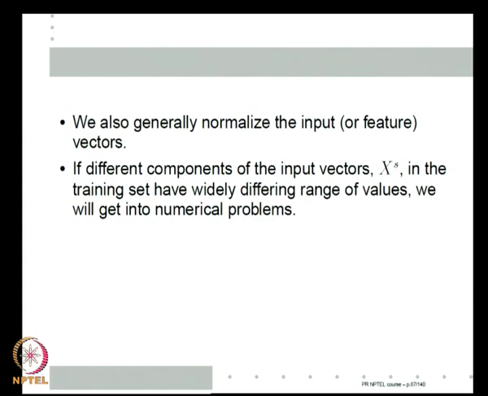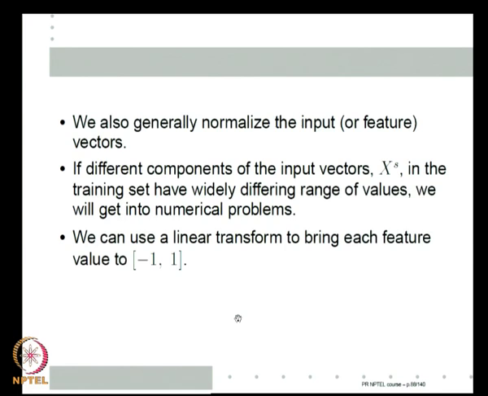Even my weights have to traverse a very large dynamic range, and that might be very difficult for the gradient descent algorithm to find. Because of that, I would like to have all the input components have roughly the same dynamic range. One way of doing it is to linearly transform every range into -1 to 1. So, simply find the max and min for each of the input dimensions, and then linearly transform that input, so that all components will be in -1 to 1.